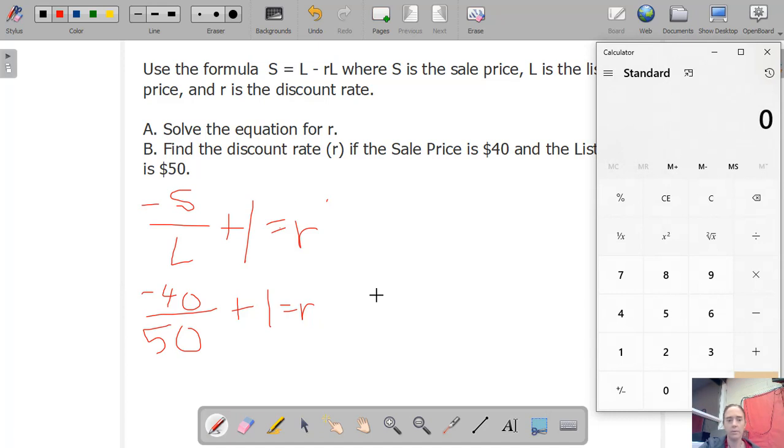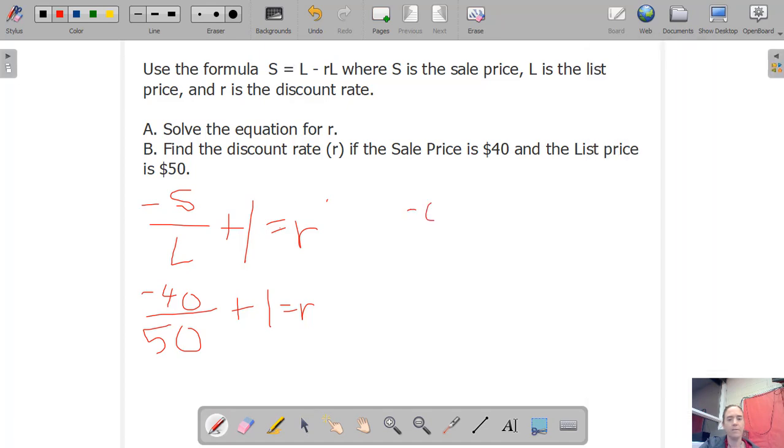You would say negative 40 divided by 50, and that's negative 0.8. So I'm going to have negative 0.8 plus 1 equals R.